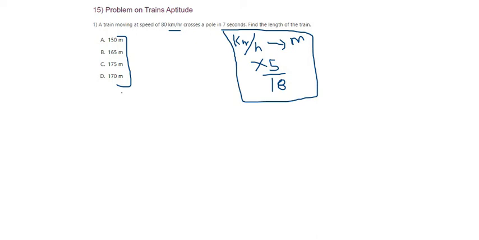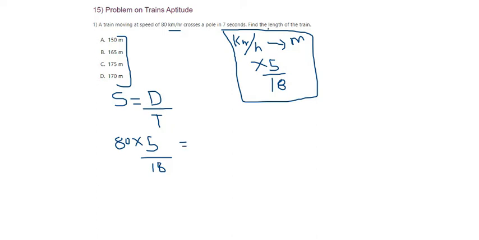aptitude questions. So the train moving at a speed of 80 km per hour crosses a pole in 7 seconds. Find the length. Here we have a formula which says speed is equal to distance by time. The speed is already given as 80 km per hour, so you will convert it directly, 80 into 5 by 18, is equal to your distance.